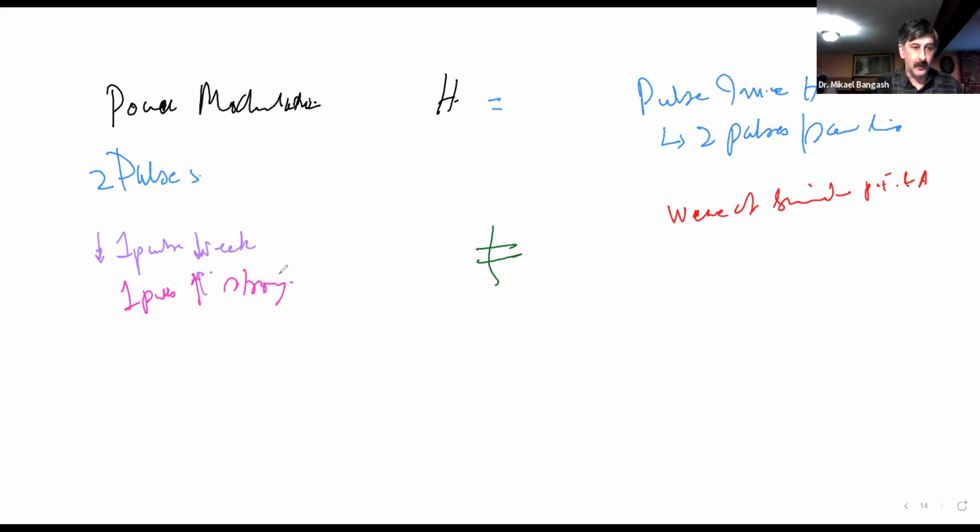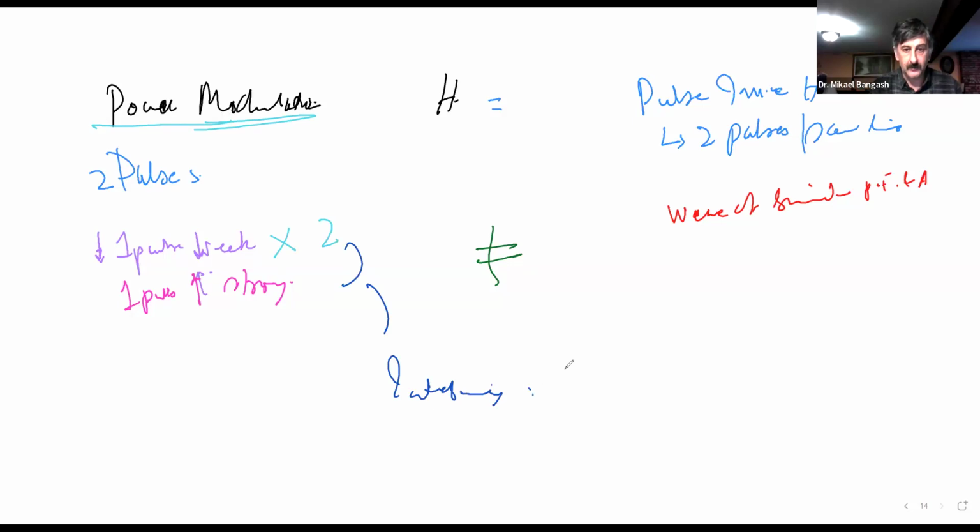Now, what will happen is that this weak pulse here, its power is actually going to be modulated. But again, it is as a result of these two pulses interfering.